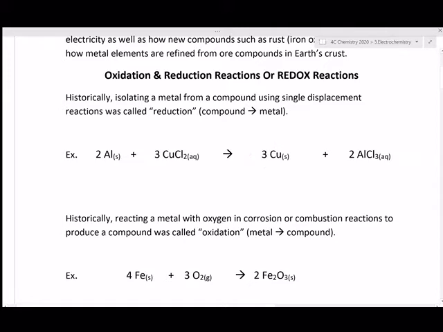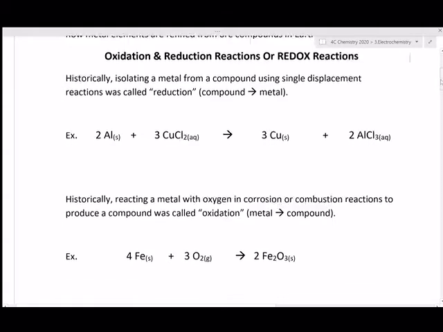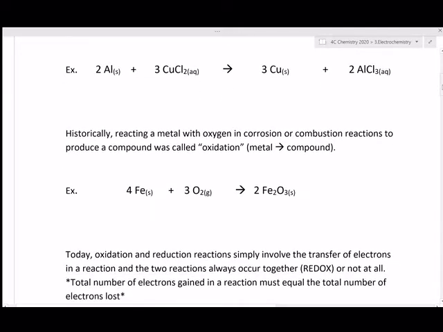When that happens, the original mass of the copper chloride becomes less, or was reduced. That is not the meaning of reduction anymore, but that's how it originated. So this is a reduction reaction here, or a redox reaction altogether. We're going to come back to that and do an example using these equations.